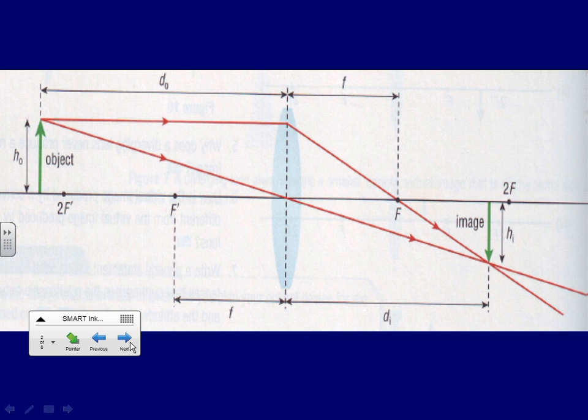And now let's find the image. I'm going to find the image using regular ray diagrams, but we're going to get away from the ray diagrams in a minute. We're going to use the equations. So to just complete my definition, I'm going to put a ray that comes in parallel to the principal axis. I'm going to put that ray through the principal focus.